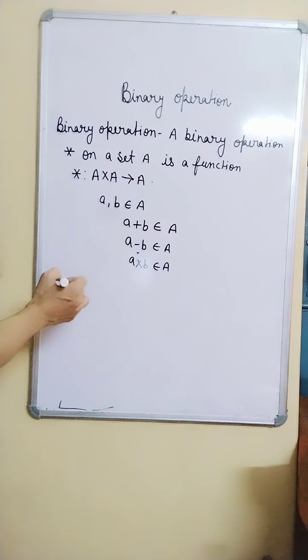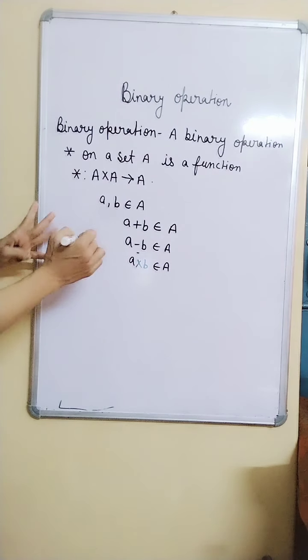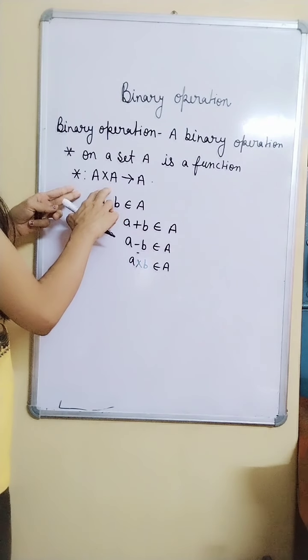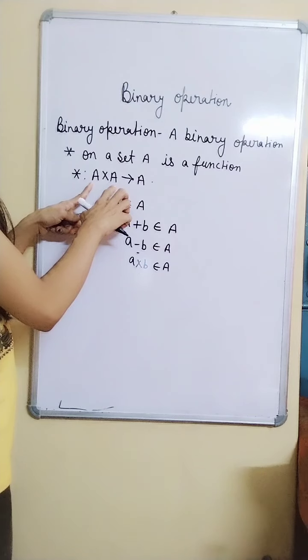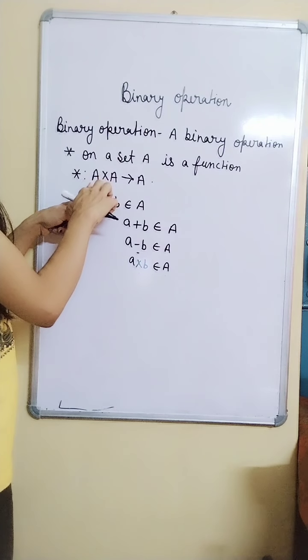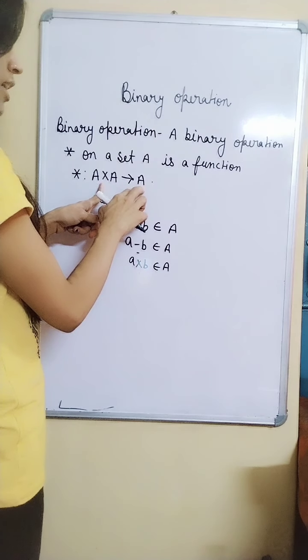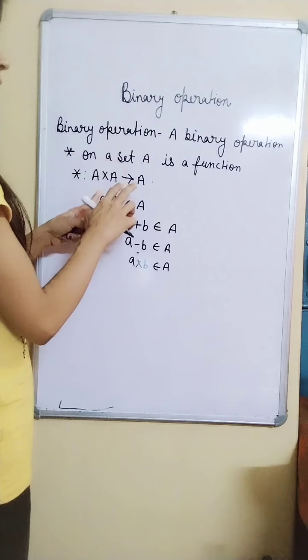So if you apply any operation between the elements of set A, this A cross A representing operation between the elements of set A itself, right? So if the result also belongs to that set, it means that the operation is a binary operation.